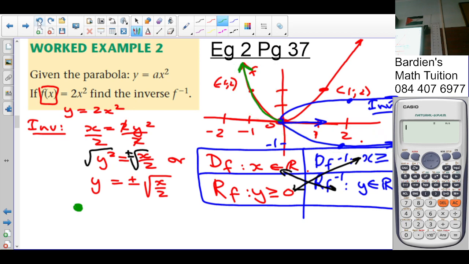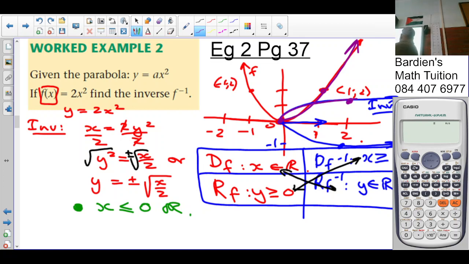So how can that be restricted? By saying x has to be less than or equal to 0. Or if I take this part into account here, 1 and 2 became 2 and 1, and 0 remains 0 and 0.